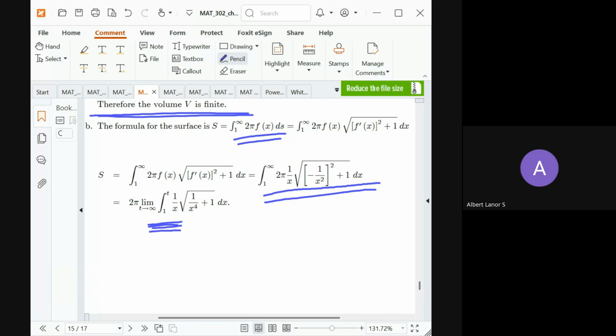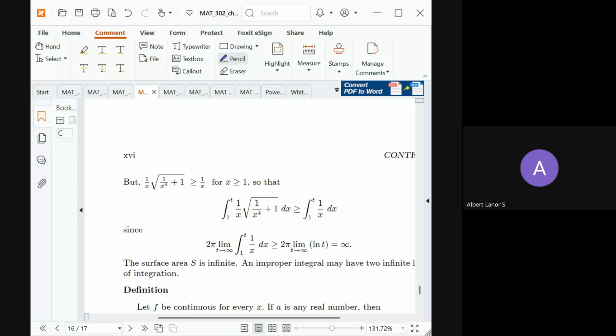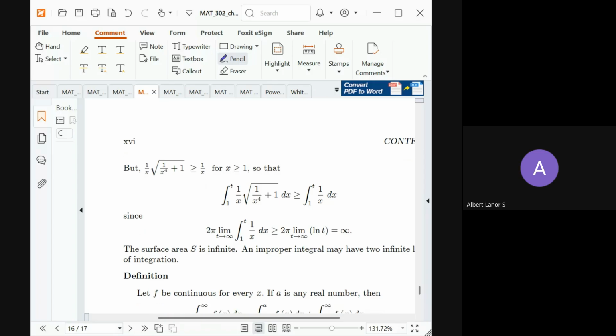Okay, now integrating this function, you can write it as 1 plus x to the fourth all over x to the fourth, square root. You can go through the integration methods. Even here, they are using a certain inequality. Now, this value is always greater than or equal to 1 over x.